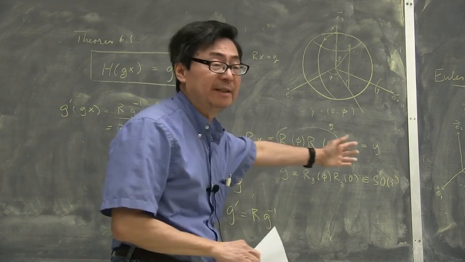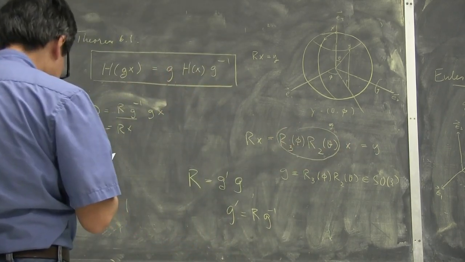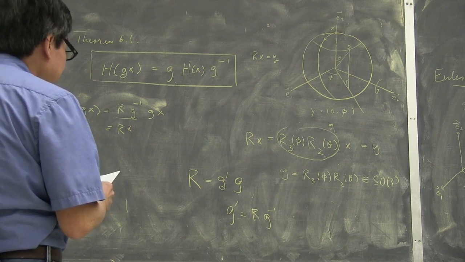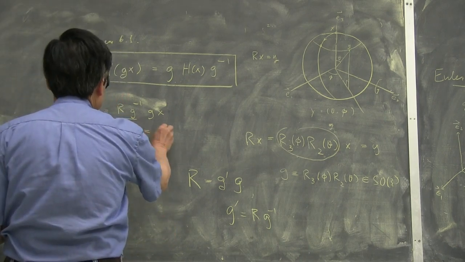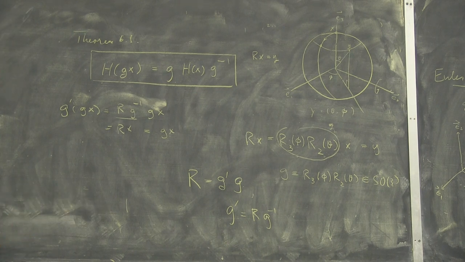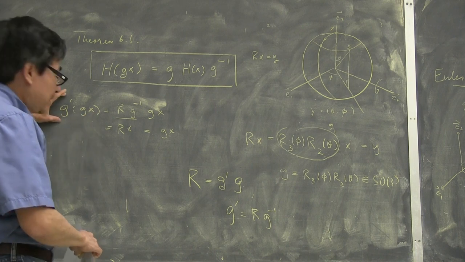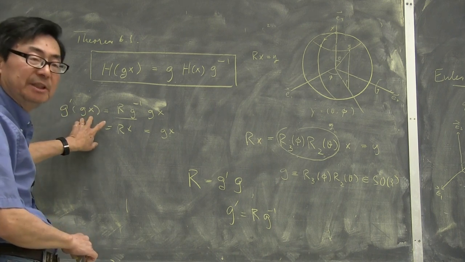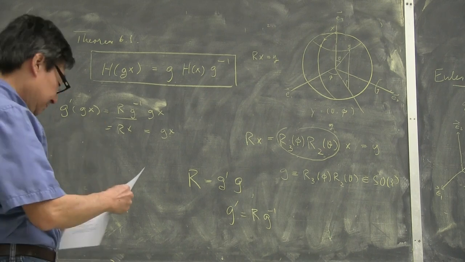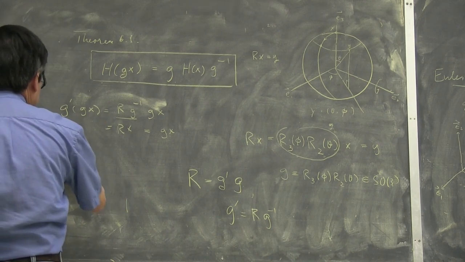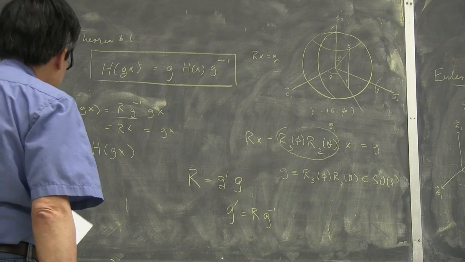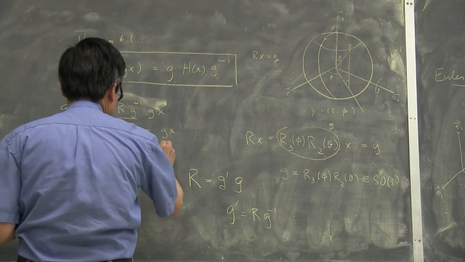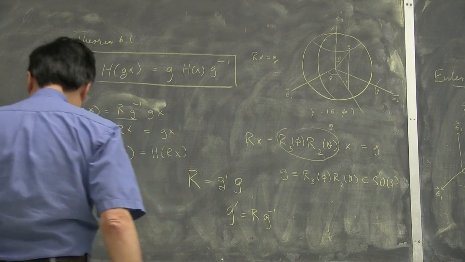But Rx is Y. And Y is also equal to Gx. Right? And so therefore G prime must lie in the isotropy subgroup of Gx. But Gx is equal to Rx, so I'm going to write H_Rx also.